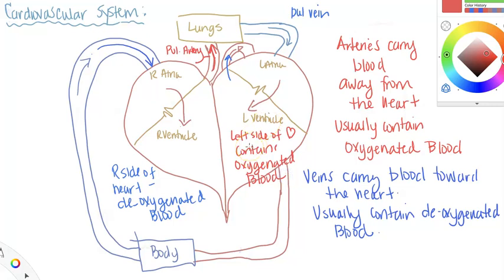So that's just an overview of the cardiovascular system.